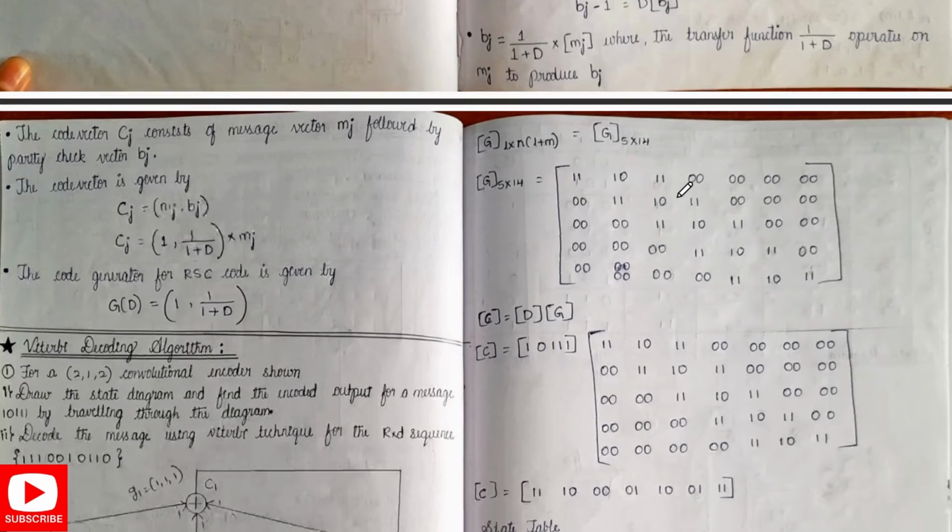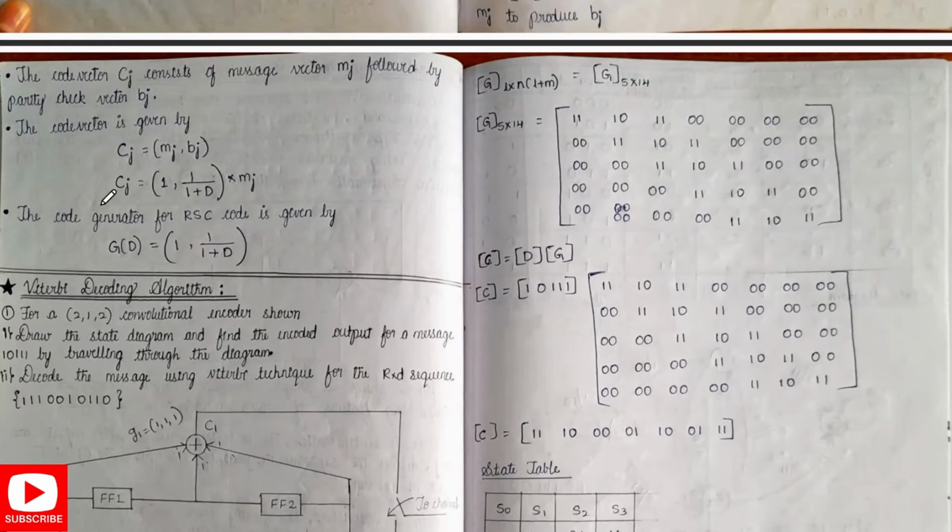So here you can observe the code consists of the message followed by the parity check bj, and cj is the code vector given by this, where we substitute bj as 1 divided by 1 plus D into mj. So hence the code generated for the RSC code is given by this equation.